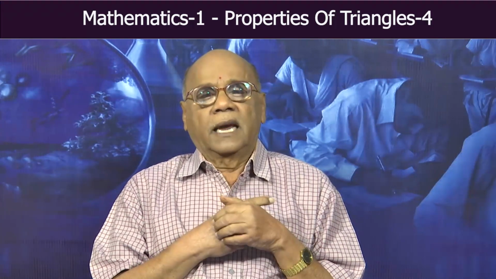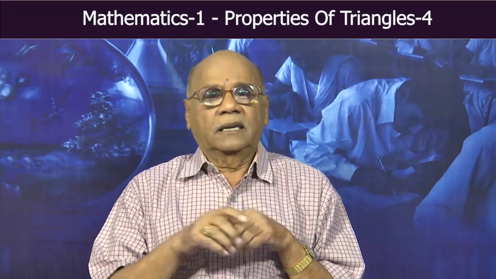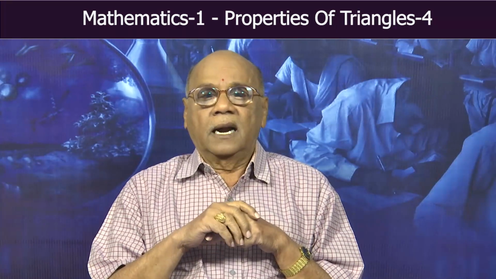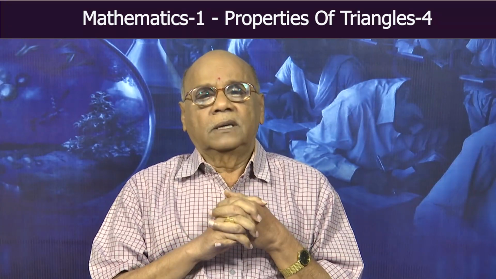In these two we can calculate the sides and angles of the pedal triangle, and the sides and angles of the eccentric triangle also. Of course, those are only for IIT students, which you can work out at your home.